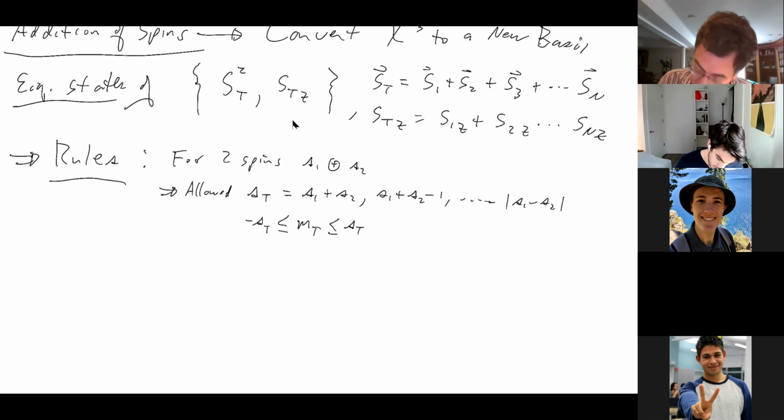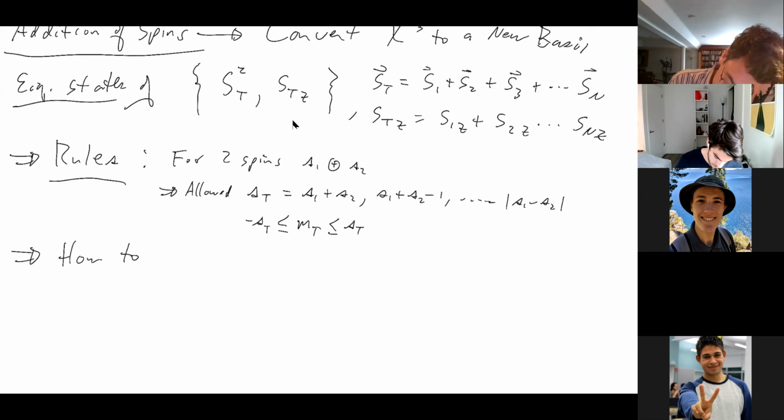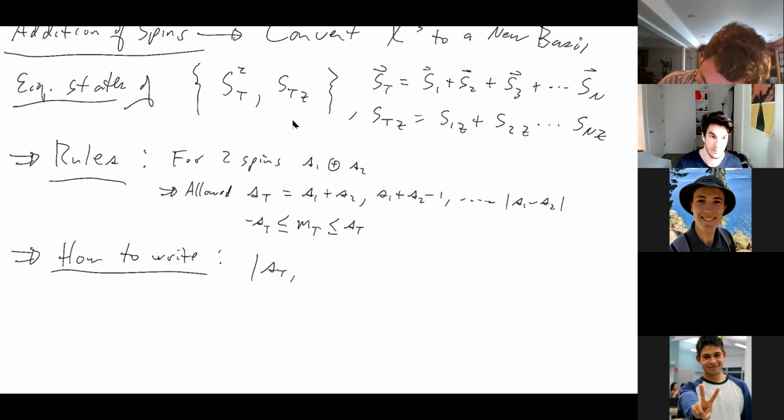And so the question then is how to write these new basis states, which are the basis states S total, M total. How do we write them? That's not completely trivial, but we just use the old basis.